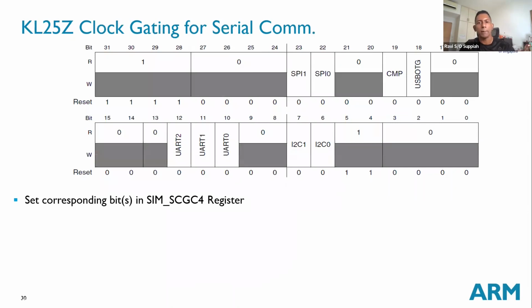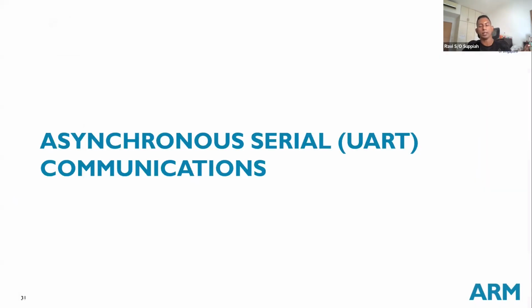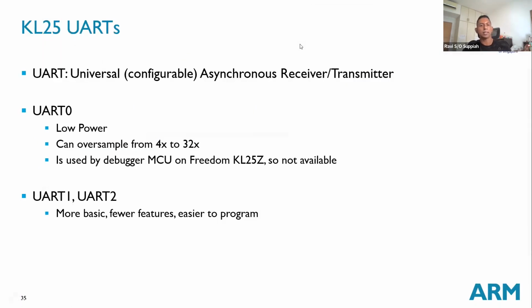In terms of the clock gating, the first thing is, of course, you need to set the clock gating bit. That is inside the SCGC4 register. That is to switch on the particular UART module, whether it's UART 0, 1, or 2. So you have 3 UARTs, and you can decide which one to use. But there is a slight limitation in the sense that UART 0 is already used in the debugger mode.